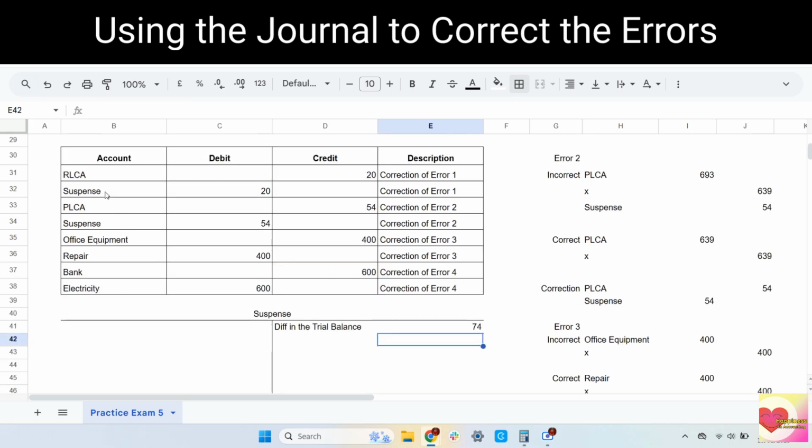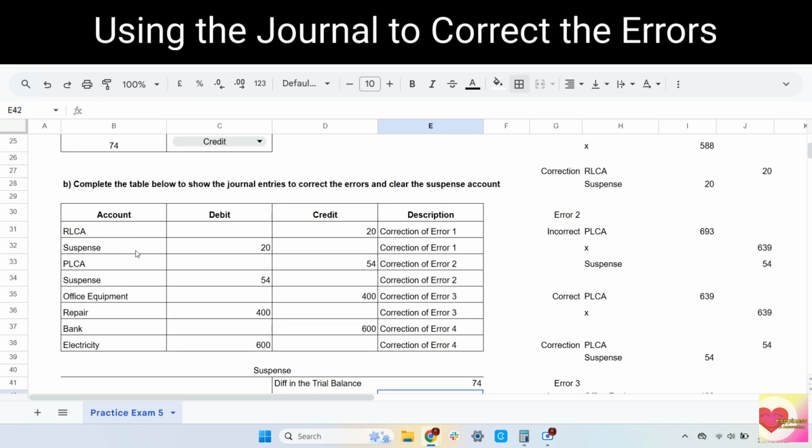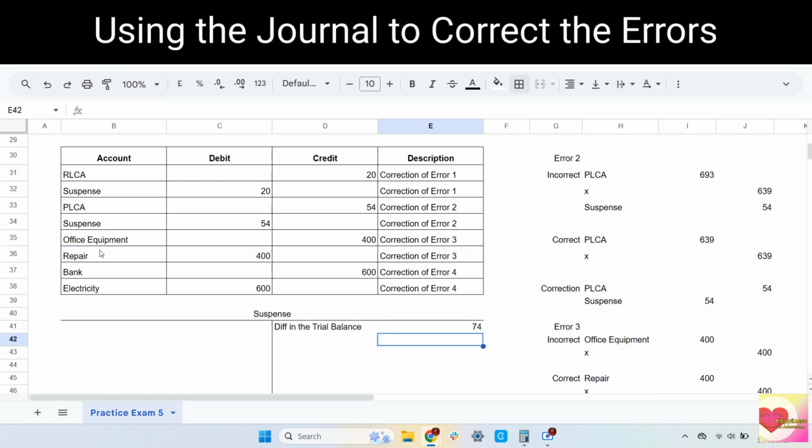Then let's enter the correction that we have made to our suspense account. First is 20 in debit, and the opposite account is RLCA. Next is 54 in debit, and the opposite account is PLCA.